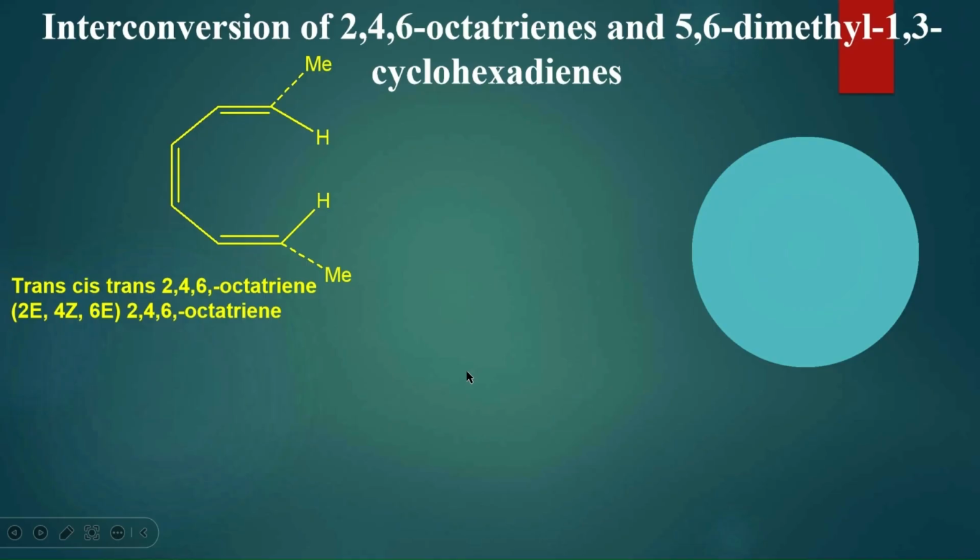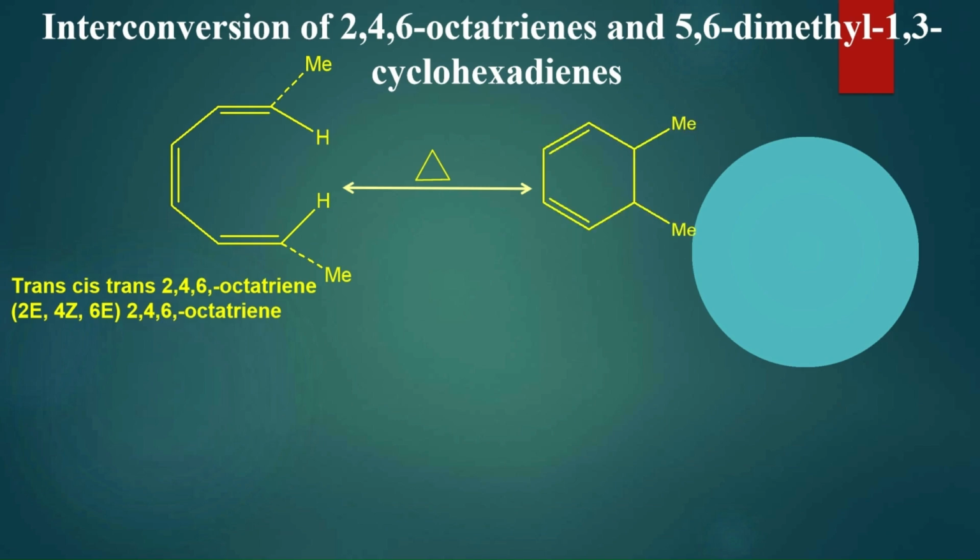When it is induced thermally, it is the psi 3, that is the HOMO, which undergoes disrotation to give rise to cis-5,6-dimethyl-1,3-cyclohexadiene. The methyl groups at the 5 and 6 positions lie in the same plane, that's why they are cis.